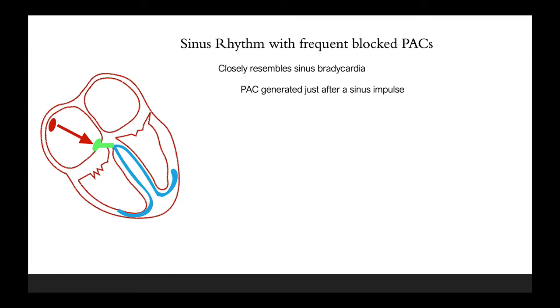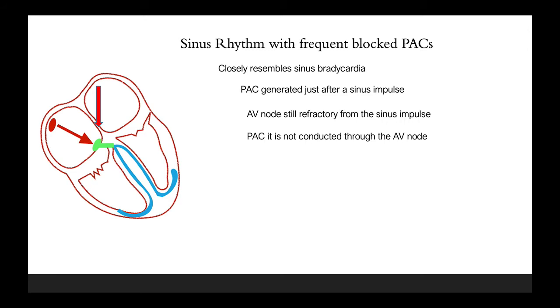So if you look at the figure, a sinus impulse has been generated, and just after that a premature atrial complex has been generated. The problem is that the AV node is still refractory from the sinus impulse. The sinus impulse has just gone, and the AV node is still refractory. And so because it is refractory, the PAC is not conducted through the AV node.